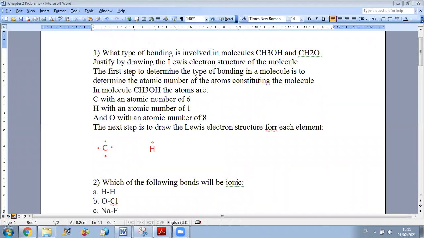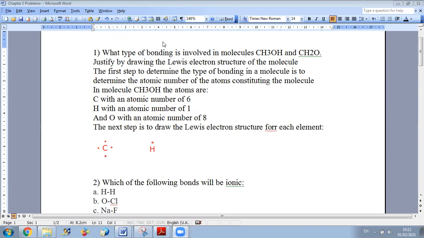And for O. Okay, so for O, if you want, sometimes the planetary structure will help you to know the Lewis structure. Okay, so if you want, or you do it in your head, I have 8 electrons, 2 on the first, 6 on the second.